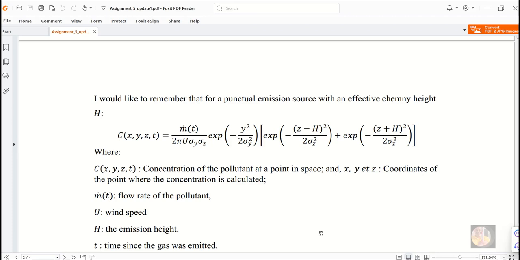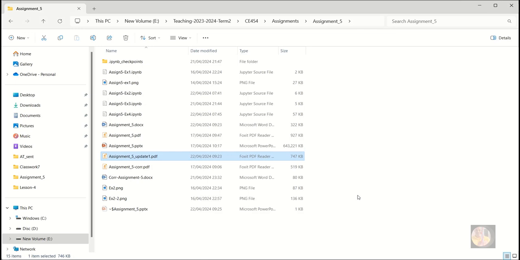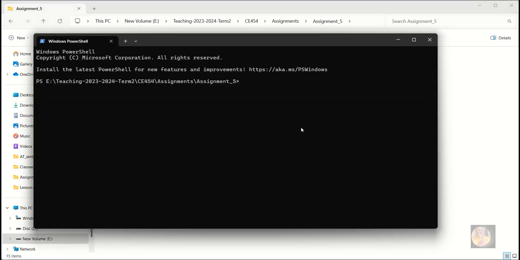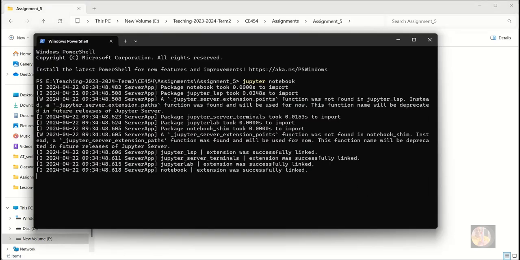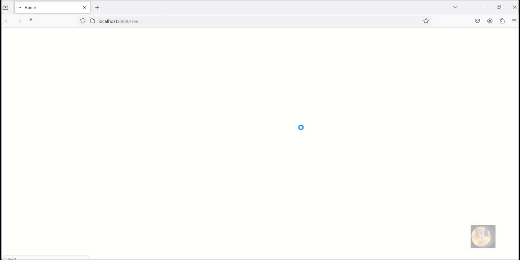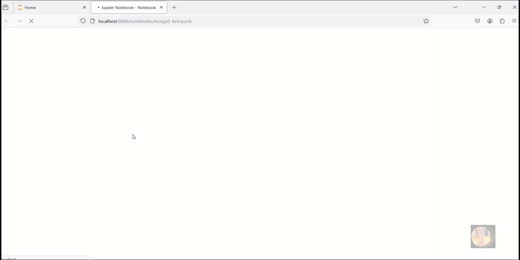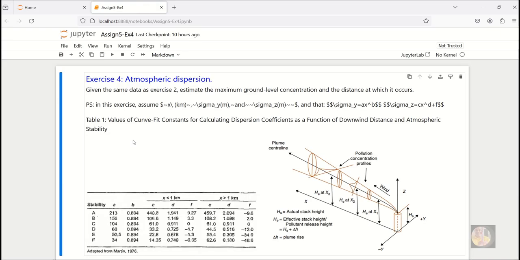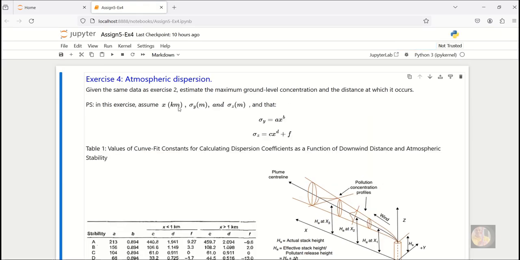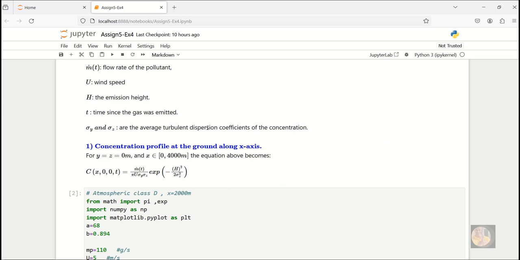So before that, since we are programming a little bit, I'm proposing to show you the curve of the concentration at z equal 0, at the center, at the x-axis, at the ground. So what I did is the following. This is my equation.